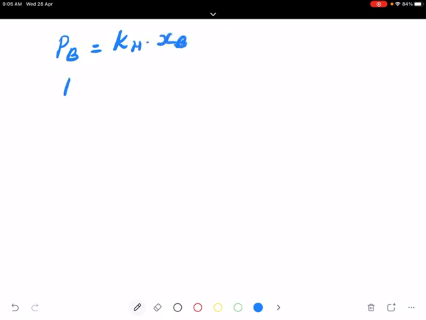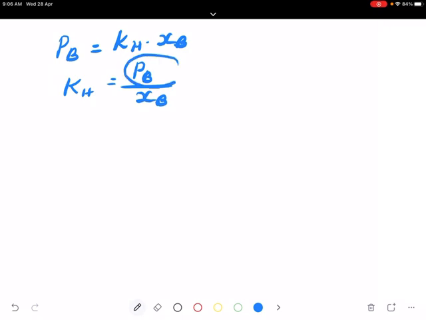Henry's law states that the partial pressure of a gas in vapor phase Pb is proportional to the mole fraction of the gas in the solution. We have learned that Pb is equal to KH into Xb, so KH will have the unit of Pb.